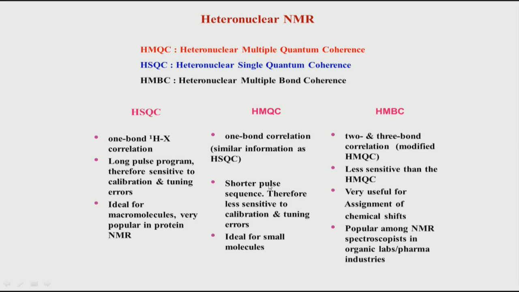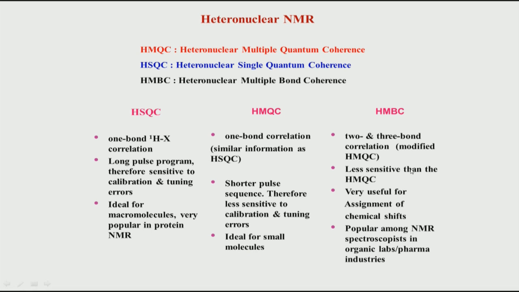Therefore, HMQC is more sensitive in that respect, but it is less sensitive for some other purpose, we will see that later. HSQC is typically used for macromolecules, meaning biomolecules, and is very popular in protein NMR or in the case of peptides. HMQC on the other hand is ideal for small molecules, that is organic molecules, and that is what typically is done in drug discovery or for solving structures of small organic compounds.